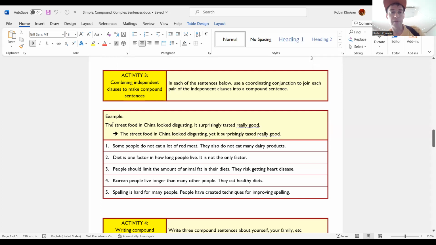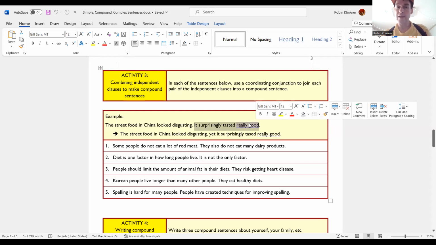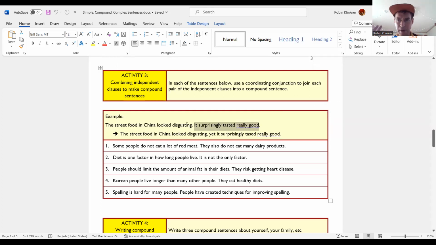So here's an example. The street food in China looked disgusting. It surprisingly tasted good. So independent clauses, we can combine them to make a compound sentence. The street food in China looked disgusting. It surprisingly tasted good. What fanboys? Yet or but.